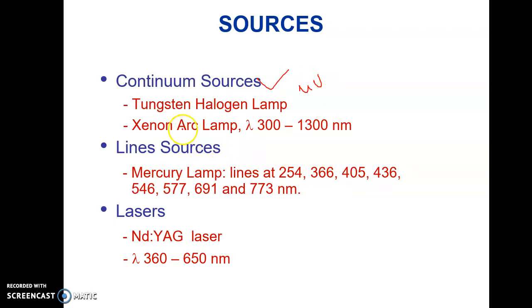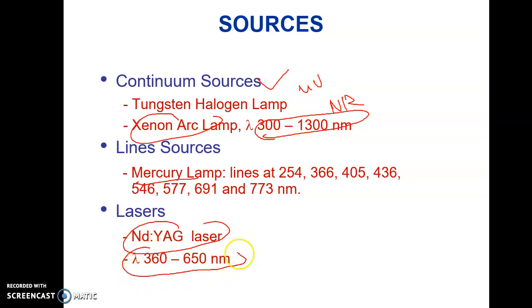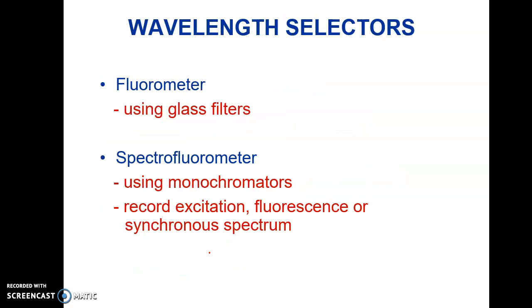If you have a xenon arc lamp, it can give you UV until visible and also near IR. And you can use a mercury lamp, and also you can use laser, but laser is mostly in the mid UV range up to visible. Okay, the same thing as UV visible spectroscopy.